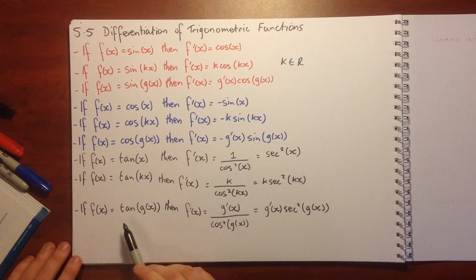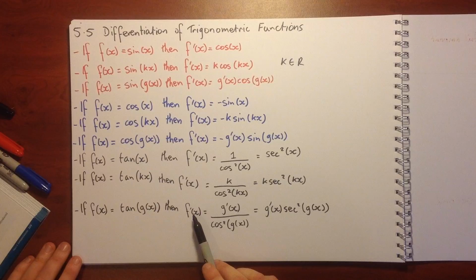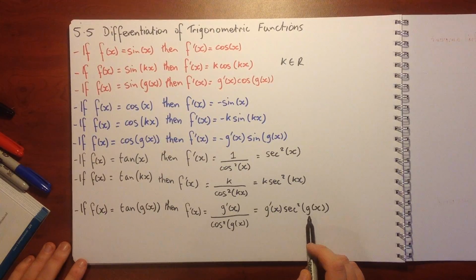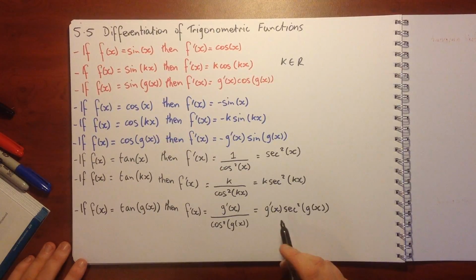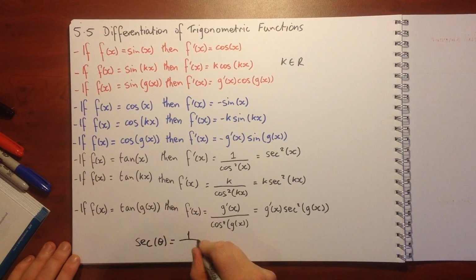And if f of x equals tan of g of x, where again g is a function, then f dash of x equals g dash of x on cos squared of g of x, which is the same as g dash of x times sec squared of g of x. By definition, sec of theta equals 1 over cos of theta.